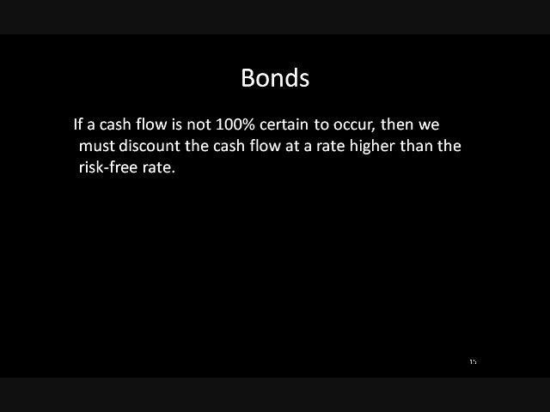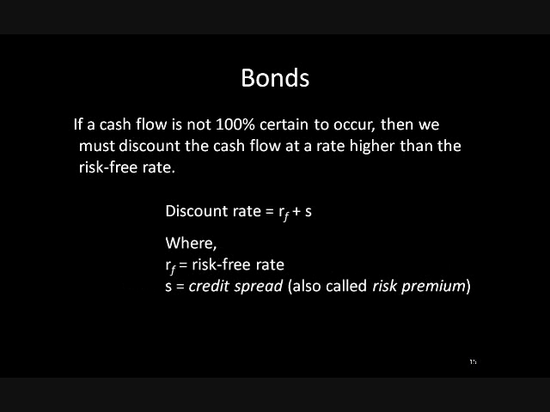So if a cash flow is not 100% certain to occur, then we must discount the cash flow at a rate higher than the risk-free rate. We're going to call that rate the discount rate. So we're discounting the cash flow at the discount rate. And the discount rate is equal to the risk-free rate plus some spread. That spread is either called the credit spread or the risk premium.